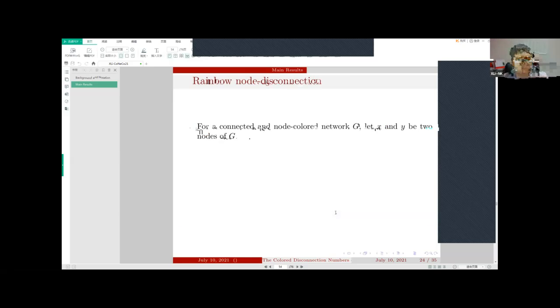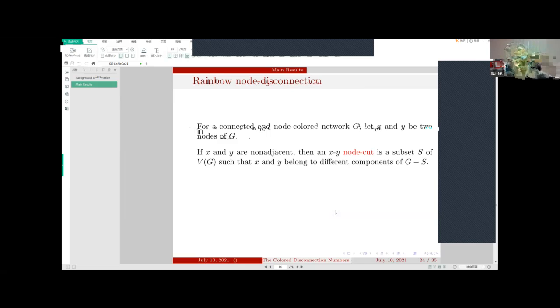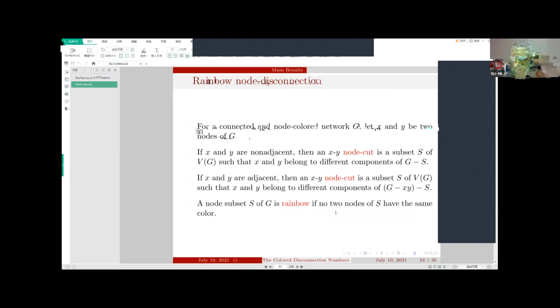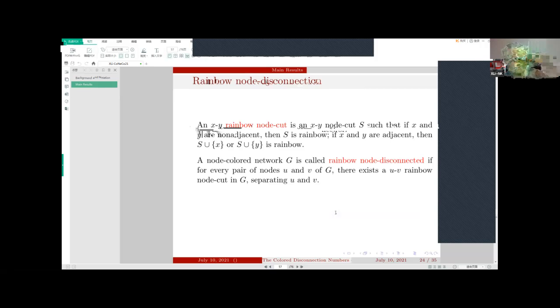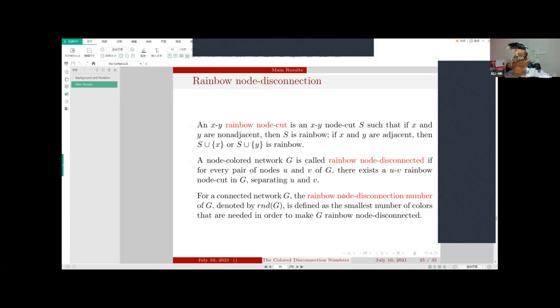So now I wanted to talk about some other kinds of disconnection coloring. Just now I said link coloring, but how about you color the nodes? If you color nodes, you get node cuts, then you get rainbow node cuts, and then you can have a rainbow node disconnection number.